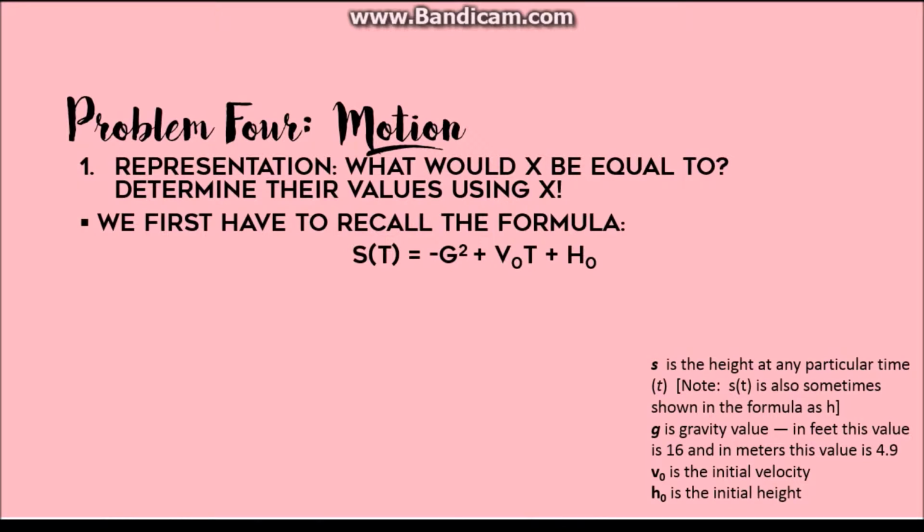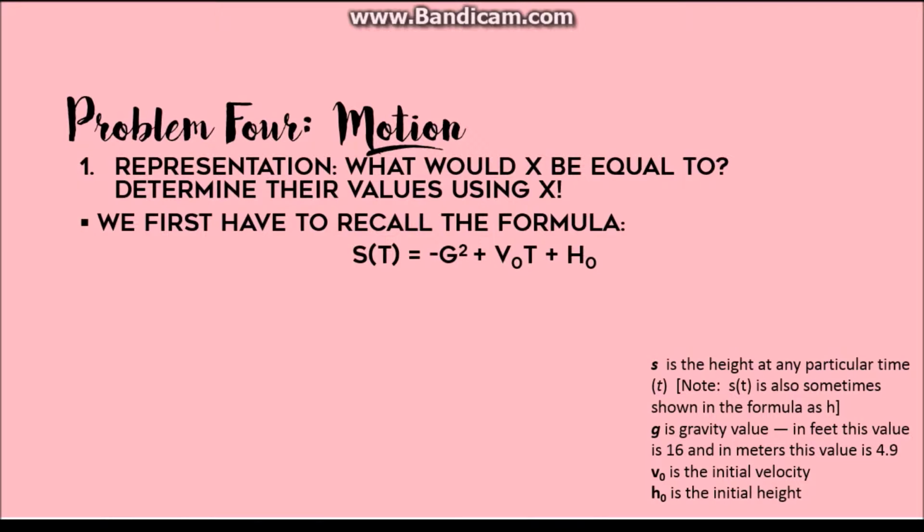We can see here on the down right of the screen, g is the gravity value. In feet, this value is 16, and in meters, it is 4.9. That's why we will be using negative 4.9. V0 is initial velocity, and H0 is the initial height.